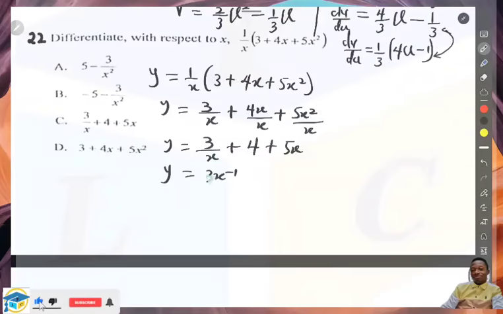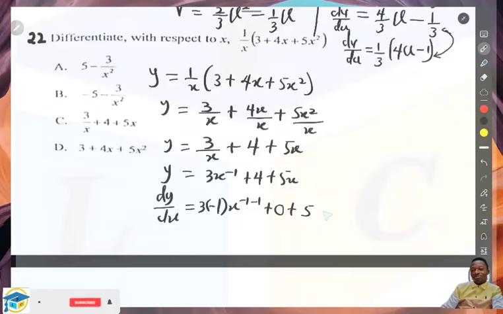So I have 3x to the power negative 1, plus 4, plus 5x. Once able to get to this stage, I can easily differentiate. So dy over dx should be equal to, here I'm differentiating: the negative 1 multiplies the 3, and subtract 1 from the negative 1. So I get 3 times negative 1, x to the power of negative 1 minus 1, plus the differential of a constant, which is 0, plus the differential of 5x, which gives 5.